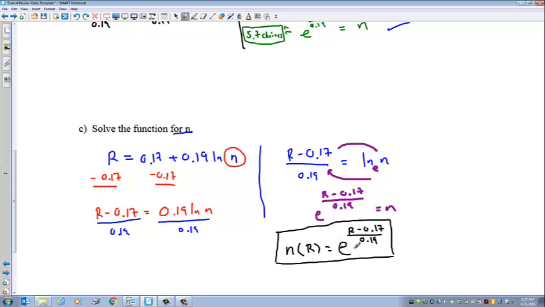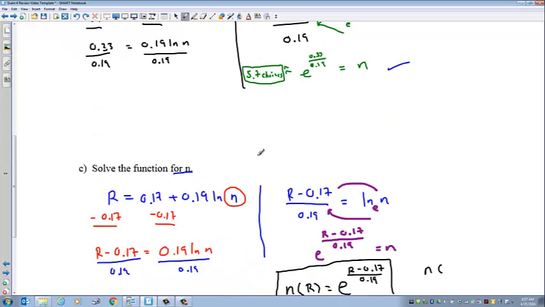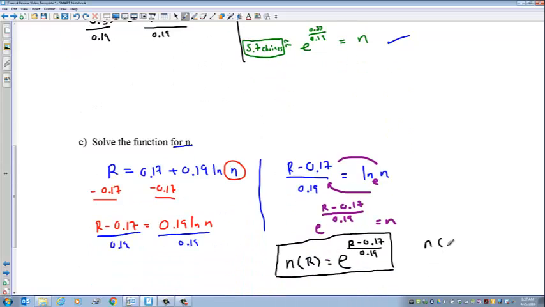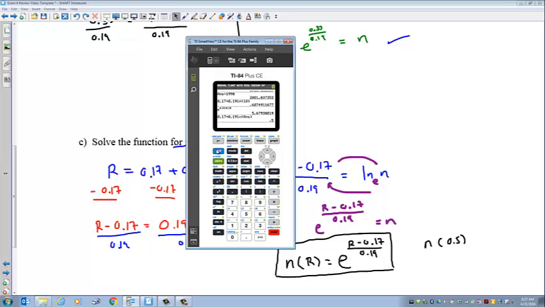You could actually check this by checking n of, up here, we found that if n is 5.7, you basically get out 0.5, or if r is 0.5 seconds, you get out about 5.7 choices. So if you do n of 0.5 on your calculator, right, so check it on your calculator. So here we would do second ln to pull up the e to the, and we'd put a 0.5 in there.